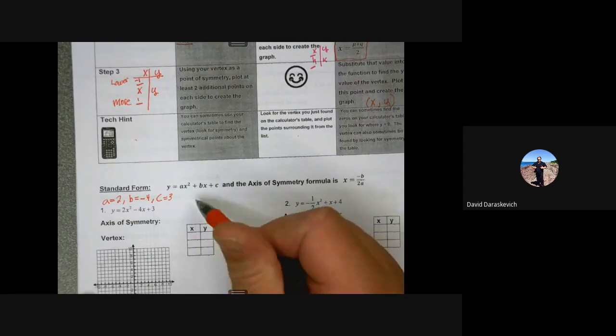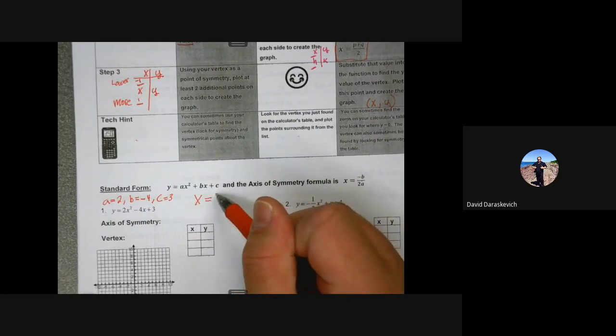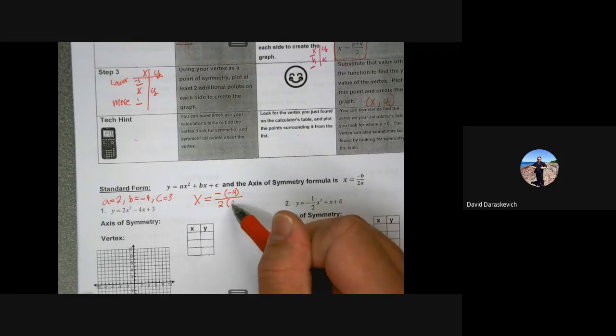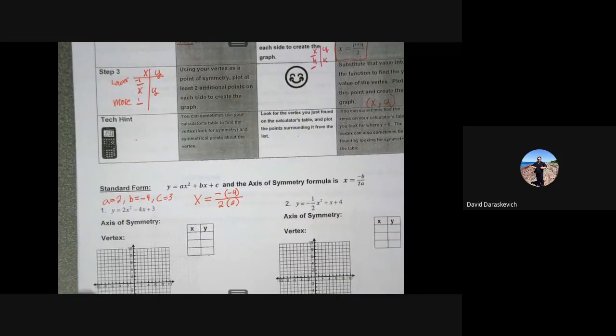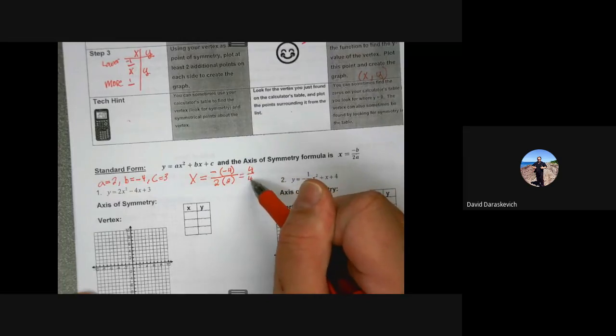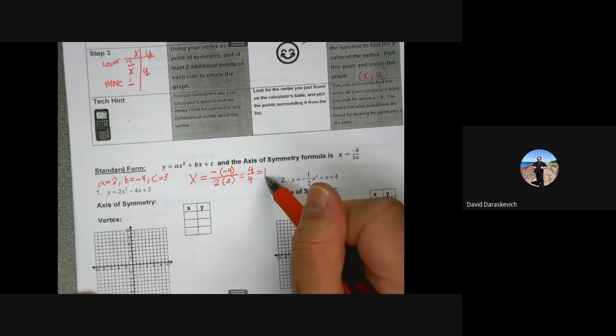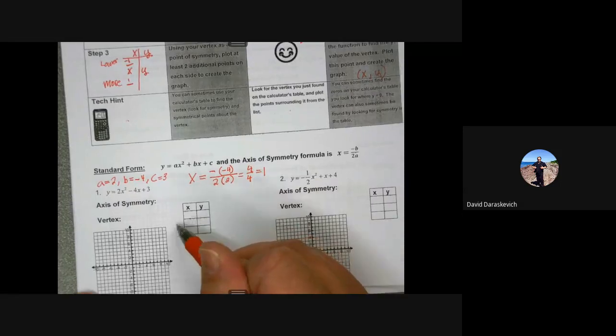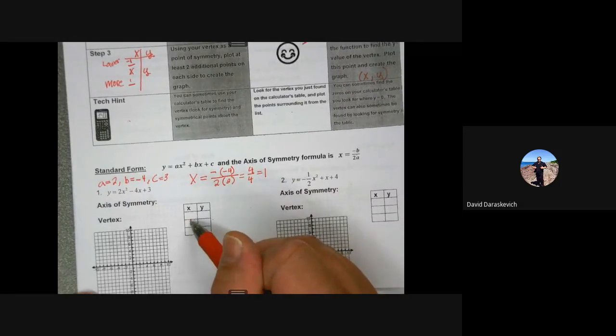So my vertex x equals negative b, so b is negative 4, over 2 times a, which is 2. So I have positive 4 over positive 4, so my x is 1. So here's my vertex, x is 1. Now I have to find y.